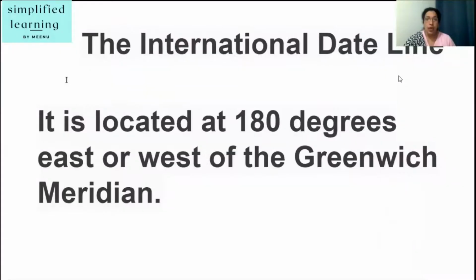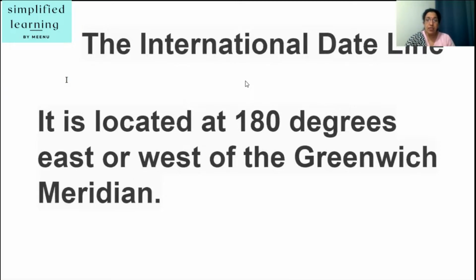Yes, let's start. Now, when we talk of the 180-degree west-east longitude, it is also called the international dateline. Now listen carefully. The international dateline or the 180-degree meridian. Longitudes are also known as meridians. Now what is the meaning of meridian?